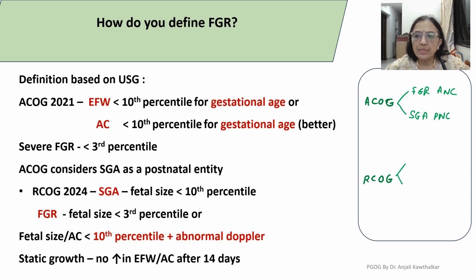On the other hand, RCOG says that small for gestational age covers all fetuses whenever the estimated fetal weight or fetal size is less than the 10th percentile. Whereas fetal growth restriction is reserved for two criteria: less than the third percentile, or less than the 10th plus abnormal Doppler. So that is the difference between ACOG and RCOG.